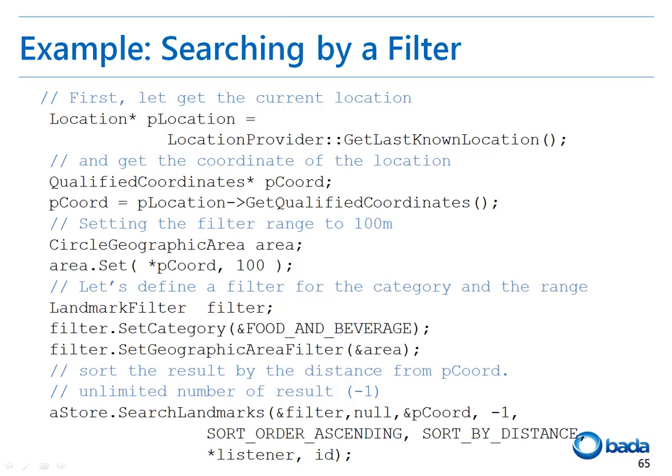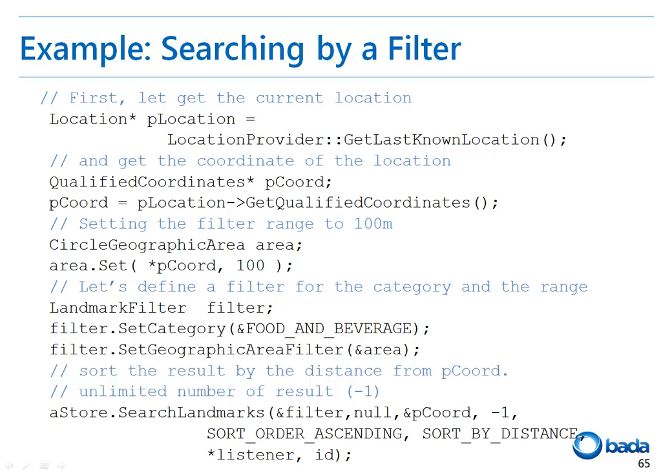This next sample code shows how to search using a filter. This sample code searches for restaurants within 100 meters of the current location. To get the last reported location, the getLastKnownLocation function is called. Then, the coordinates are acquired from the location. The area is set to 100 meters from the coordinates, and the category and geographic area filter are added to the landmark filter object.